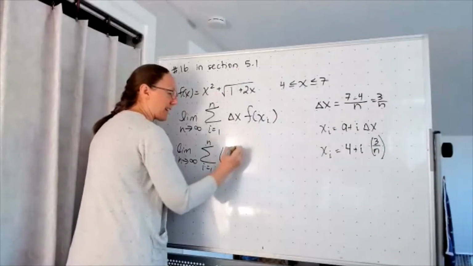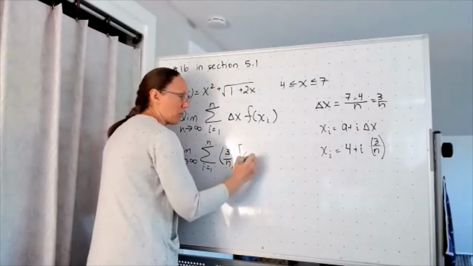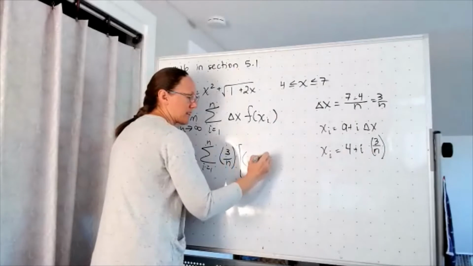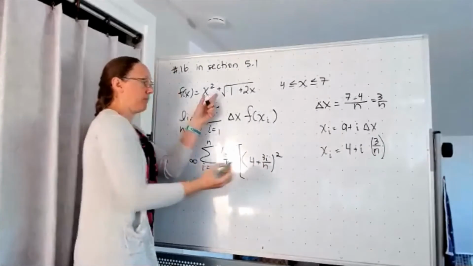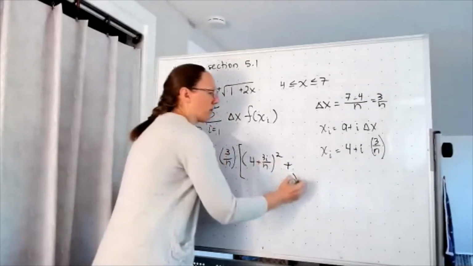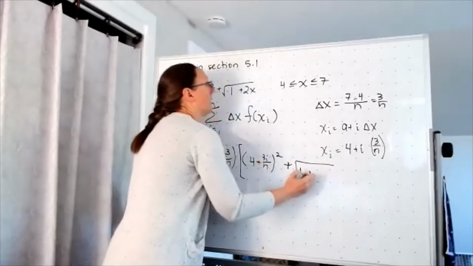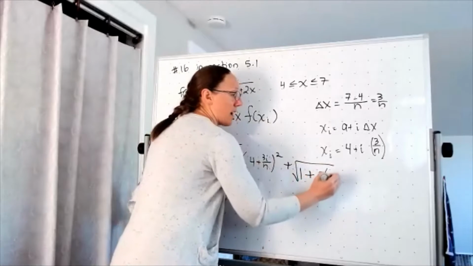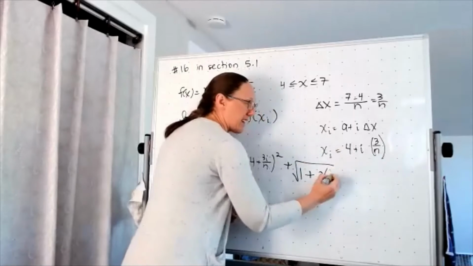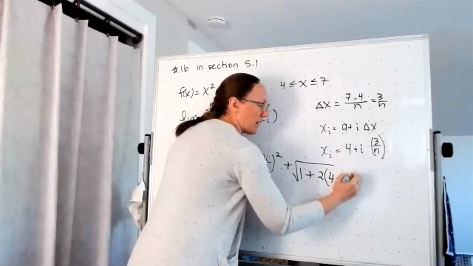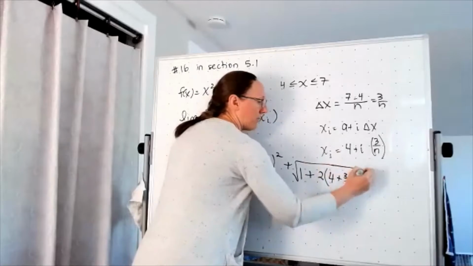So where we've got that x squared, we're going to end up with 4 plus 3i over n, squared, plus the square root of 1 plus 2 times, and now I'm plugging the whole thing in for x again, 4 plus 3i over n.